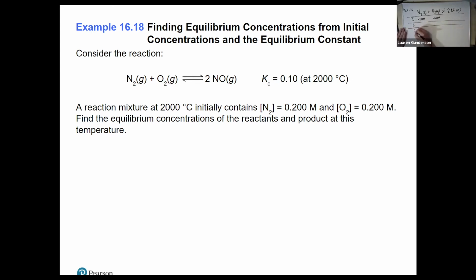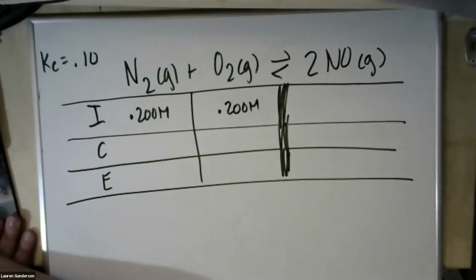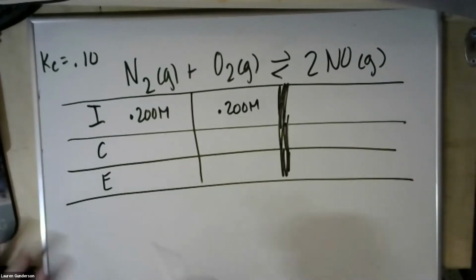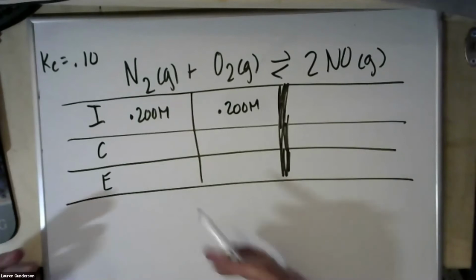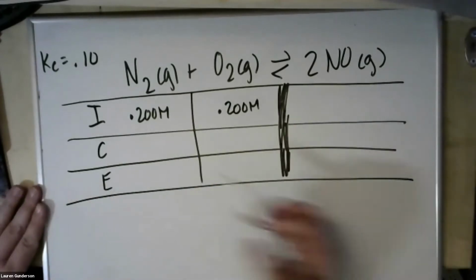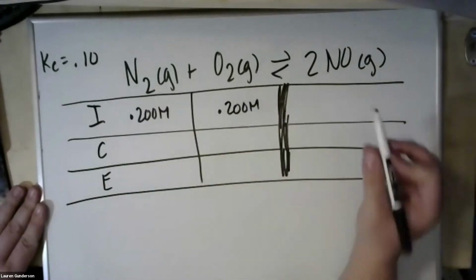Oof, these ones, man. Sorting them out initially can be a little frustrating, but they're not that bad. So we're going to start by filling in what we can fill in our ice table. So we're starting with N2 and O2.